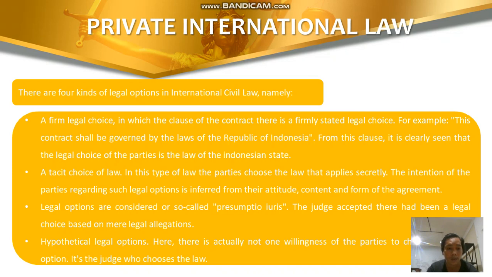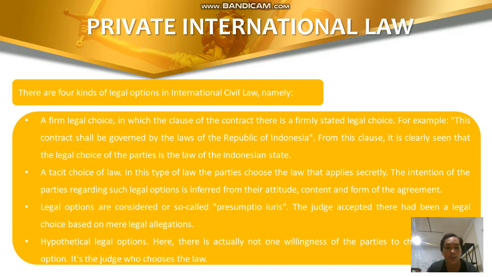Two, tacit choice of law. In this type, the parties choose the applicable law secretly. The intention of the parties regarding such legal option is inferred from their attitude, the content, and the form of the agreement.